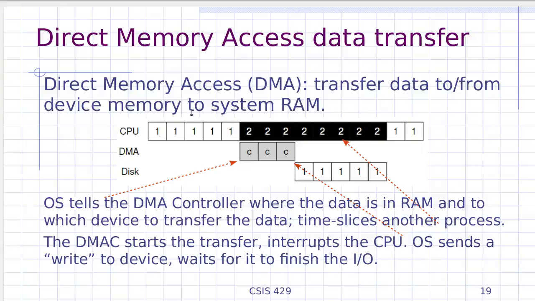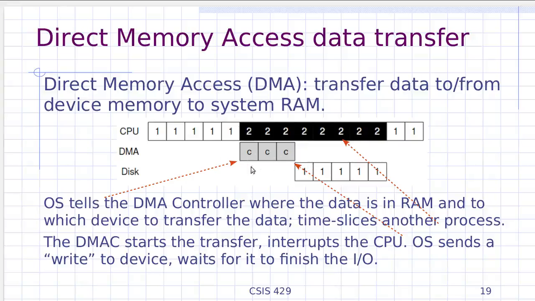And so the big picture is, here it is. The CPU is running process 1, and then figures out, okay, I need to transfer 512 bytes from memory to the disk. You tell the DMA controller, okay, copy these 512 bytes to the disk, and the DMA controller, that's all it does, is copy bytes.